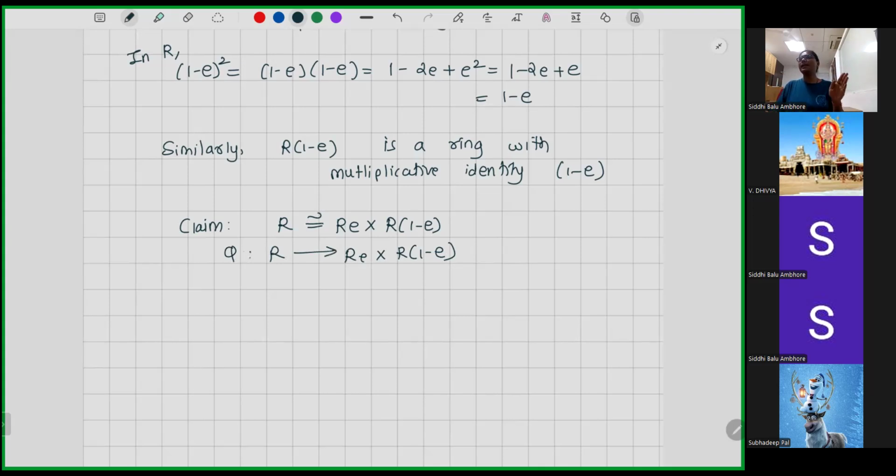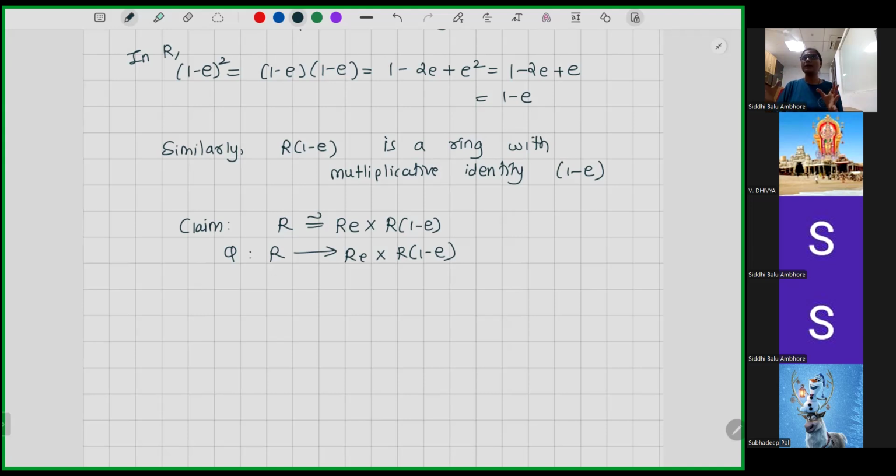Note that RE and R(1 minus E) are not subrings of R. They are rings in themselves. Because if I say S is a subring of R, then this S must have the same multiplicative identity as the parent ring R. But here, RE is a ring in itself, not a subring of R, because RE has multiplicative identity E, whereas the multiplicative identity of R is 1.